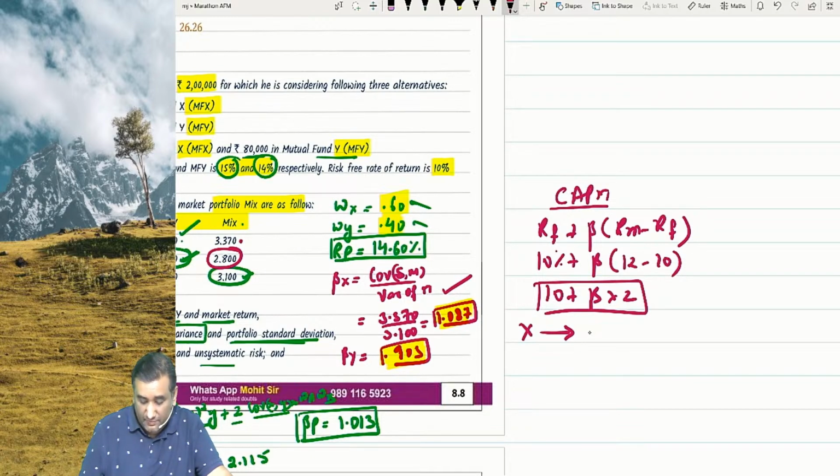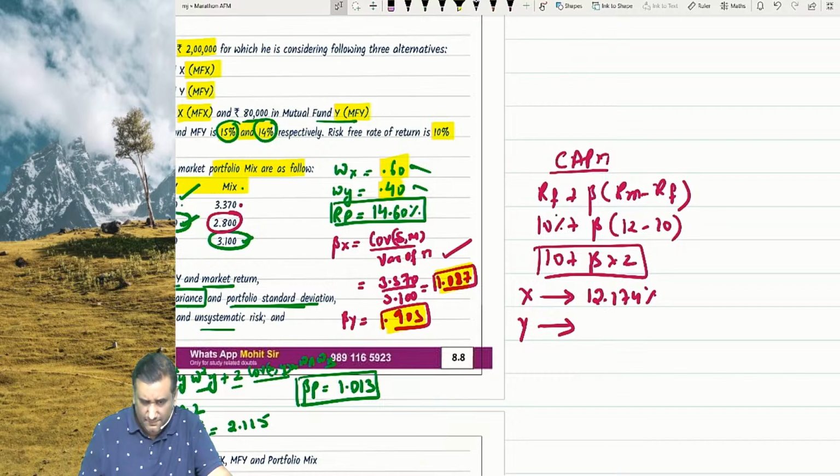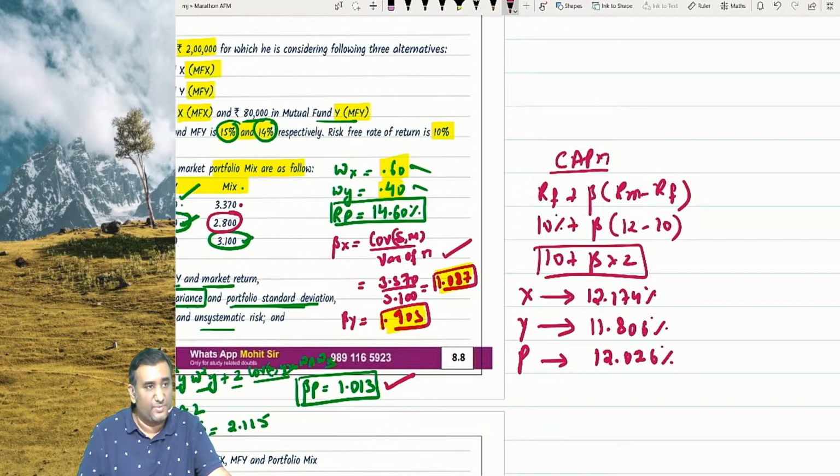How much do we get? 12.17. Substitute the beta of Y. Substitute the beta of portfolio. 12.02. This is expected return.